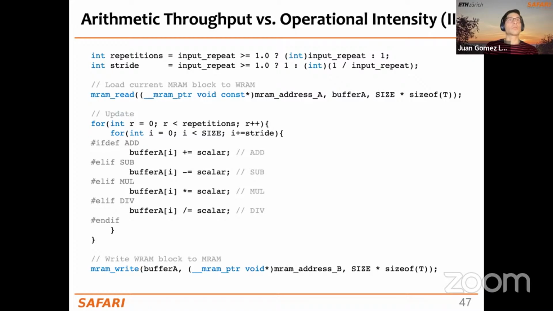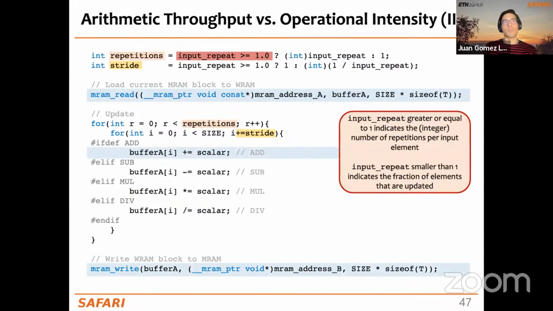And this is the microbenchmark. I don't want to spend much time here, but here you can see the transfer from MRAM to WRAM, the MRAM read. Here we have the operation itself, in this case one addition, and this is the MRAM write. As you see, we have a couple of for loops. These for loops control the operational intensity, how many operations we perform on the values that we have in WRAM.